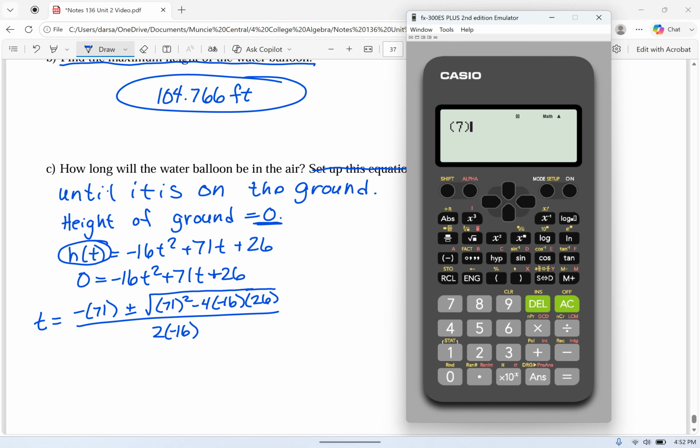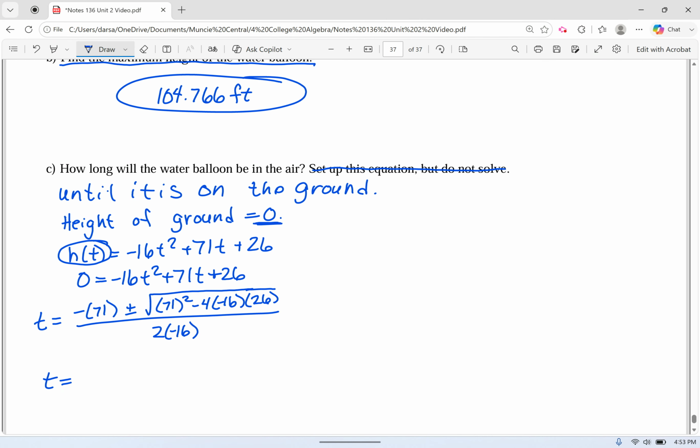So 71 squared minus 4 times negative 16 times 26 is 6,075. So t equals negative 71 plus or minus the square root of 6,075 all over negative 32, because 16 times 2 is 32.